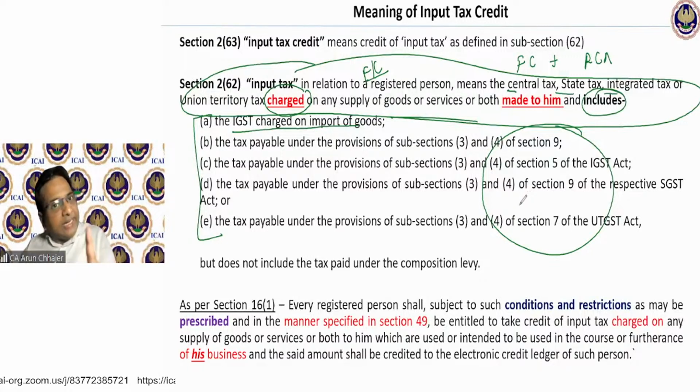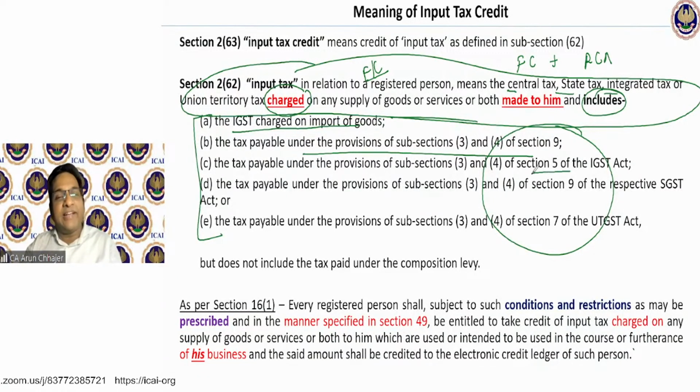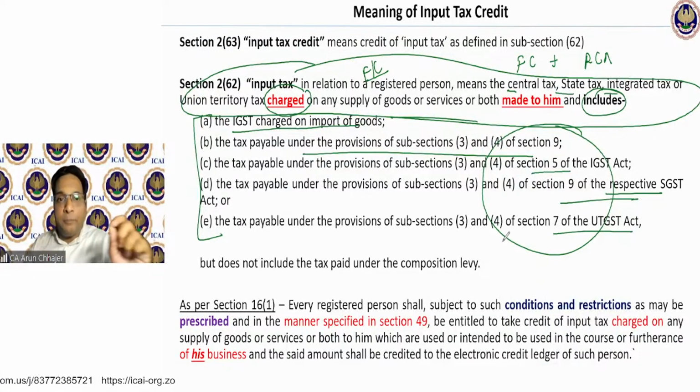We have already discussed in section 9 subsection 3 or section 9 subsection 4, there was the reverse charge. Similarly, you will find the sections of IGST, UTGST and SGST. But input tax does not include the taxes paid under composition.